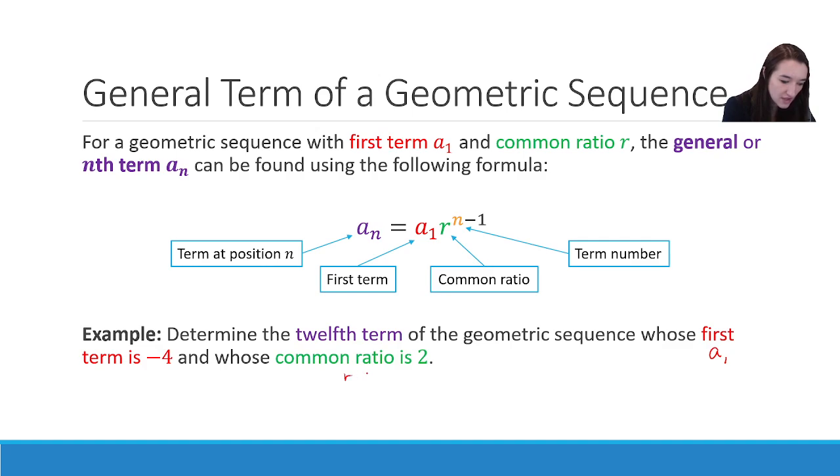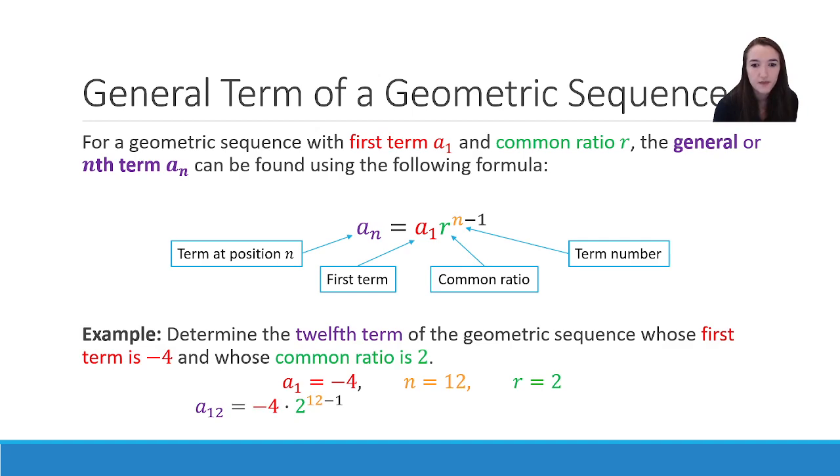Common ratio 2 is R. The 12th term means we're looking for A12, but that 12 is going to be n. So we get these three facts: A1 is -4, n is 12, and R is 2.